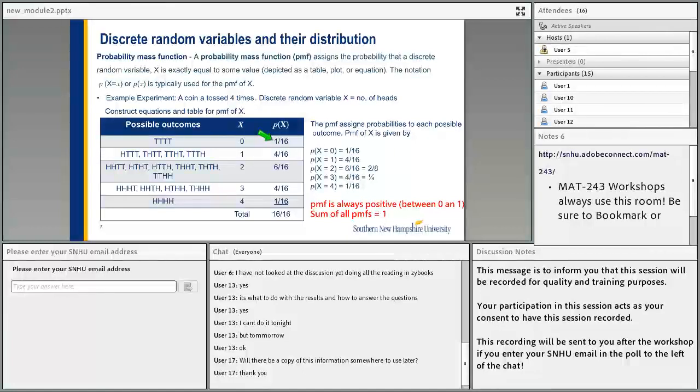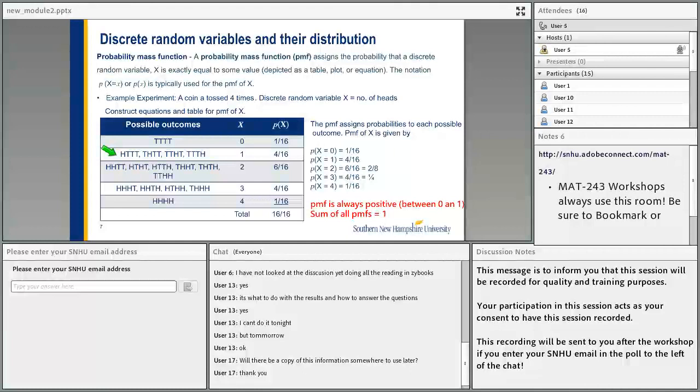Because I don't have heads, now the value is 0. And the probability is 1 over 16. Why? Because the total number of outcomes here is 16. If you count all the outcomes in every row, it will amount to 16. So the probability of getting 4 tails in a row would be 1 over 16.